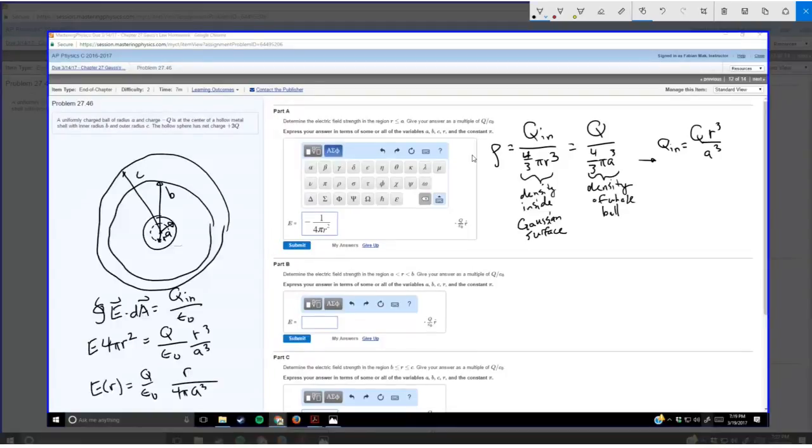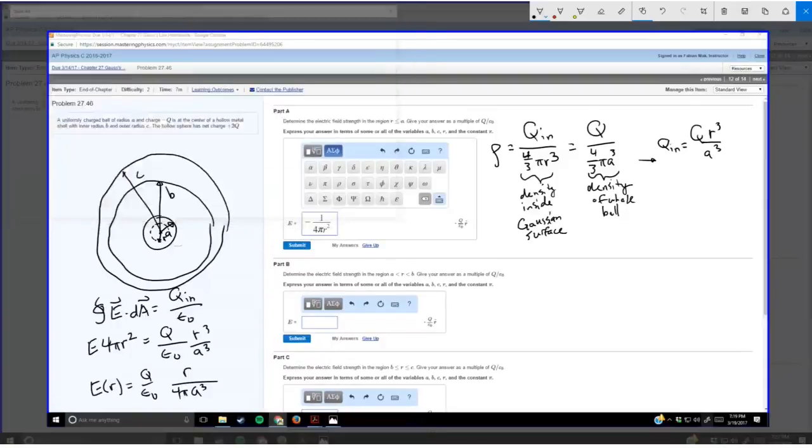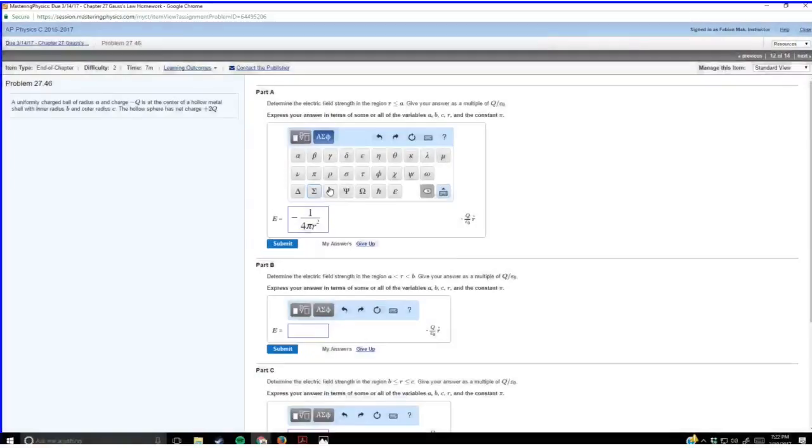Okay, so here's the actual expression. We see that it's linear, but what is the actual expression? Turns out you have to keep track of this a cubed. It's going to be part of it. So let's try and put that in: r over a cubed.